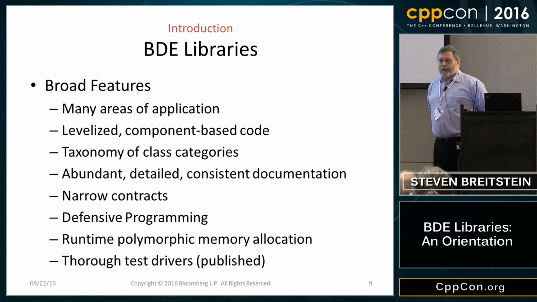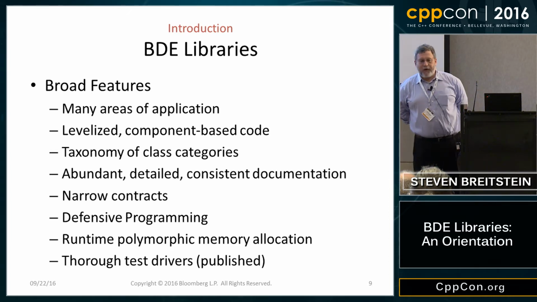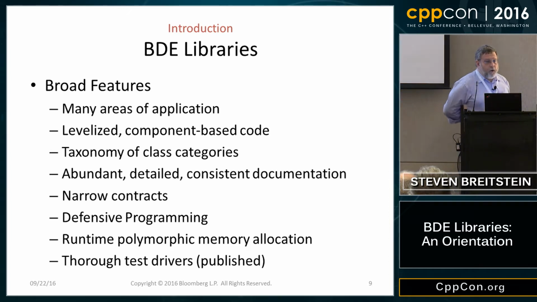And to help with the narrow contracts, we have defensive programming features. All of the types that allocate memory are equipped to accept runtime polymorphic memory allocators, including our version of the standard library. So, our vectors, our hash maps and lists and strings all are allocator enabled.